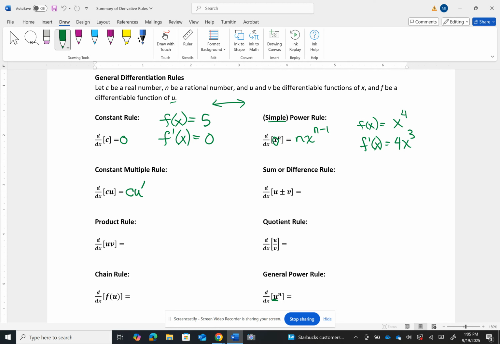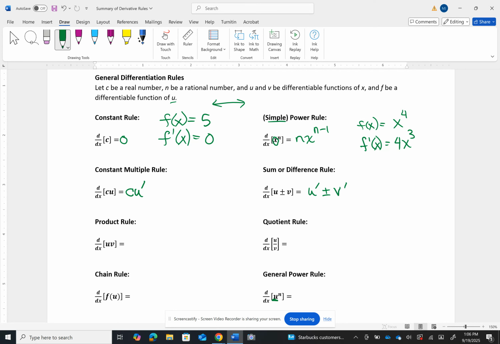Now the sum or difference rule is telling you if you had to do the derivative and you had two functions that were being added or subtracted, that it is okay to do the derivative of each function. So the derivative with respect to x of u we would do, and then we'd come in and take the derivative of v. Just do those two things separately.